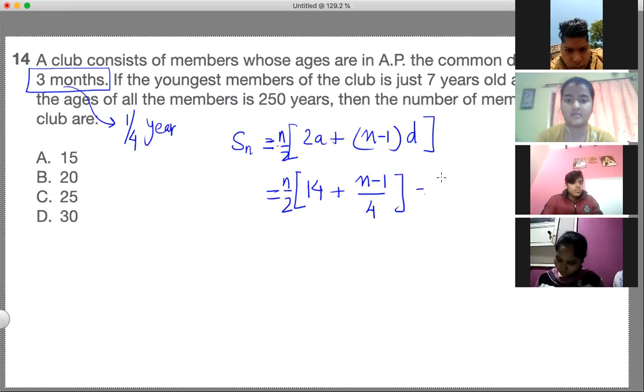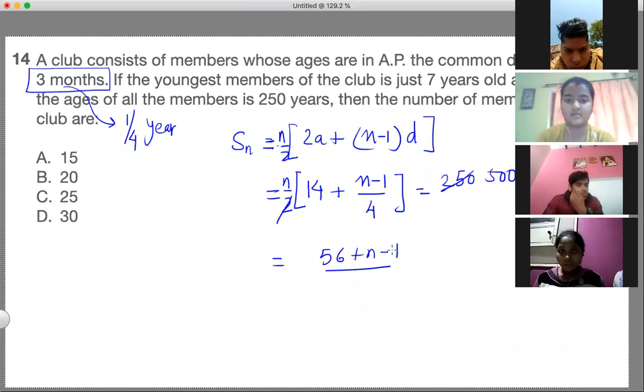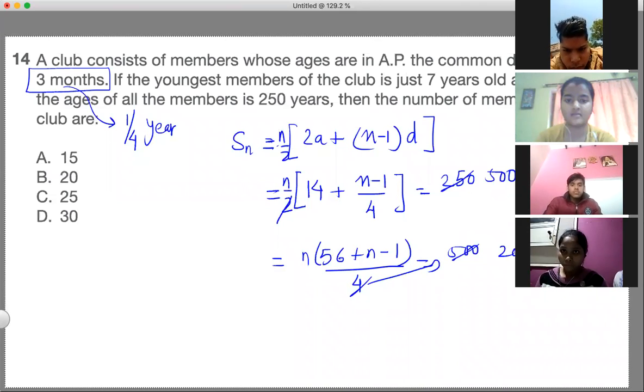This should be equal to 250. 14 plus n minus 1 into 1 by 4. This will become 56 plus n minus 1, into n by 4. Okay, so I will bring this up there, so this will become 2000.